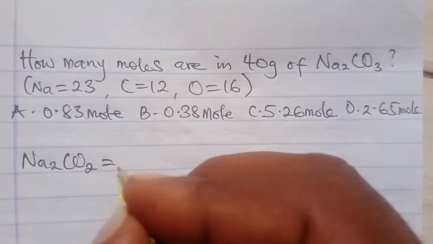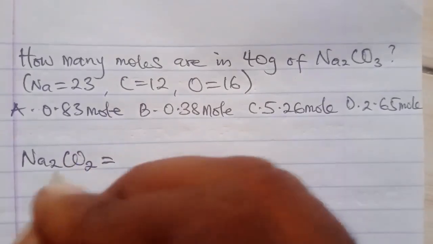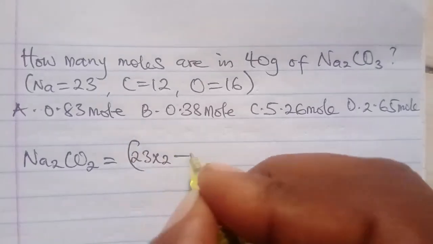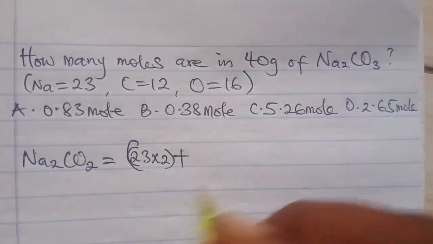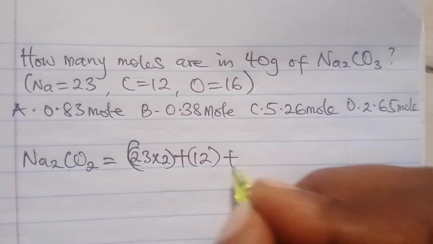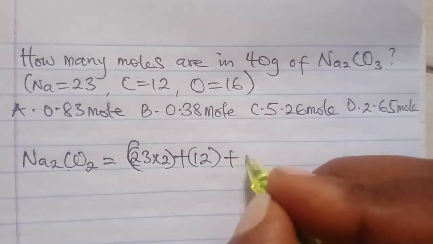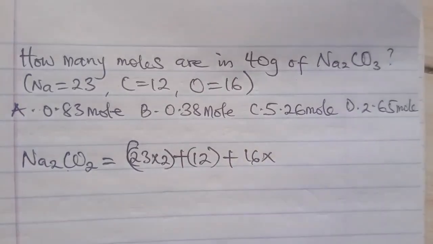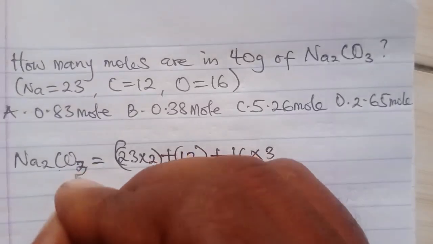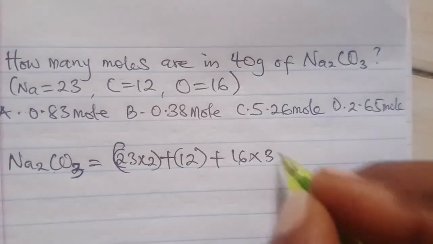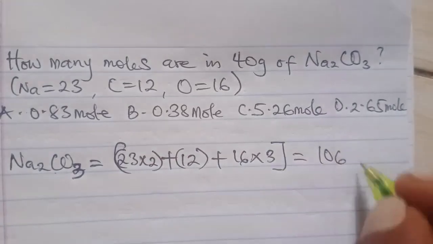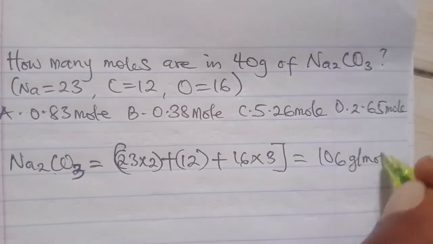For us to calculate its molar mass, we'll have 23 times 2, plus 12, plus 16 times 3. If we calculate all of this, we're going to get approximately 106 grams per mole.